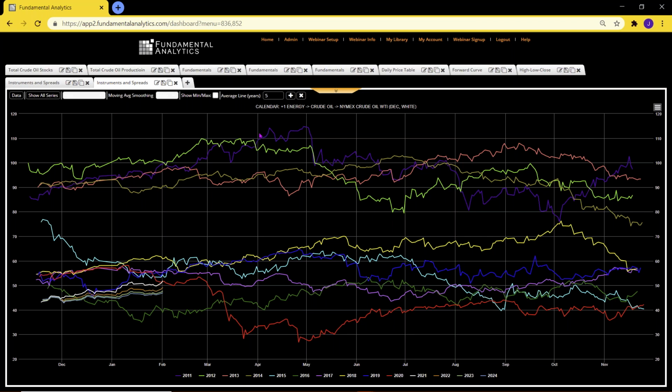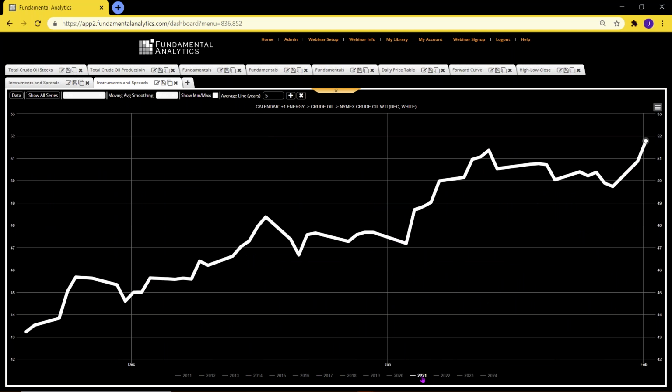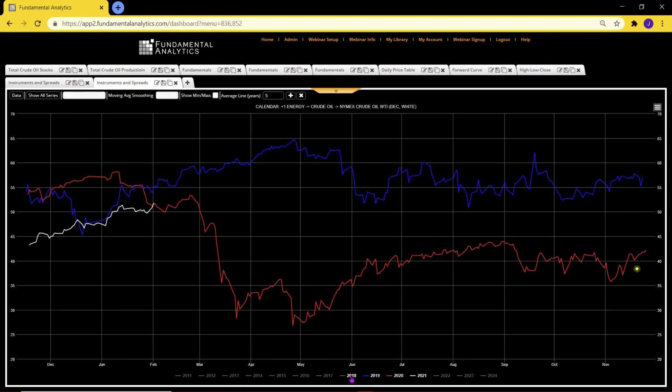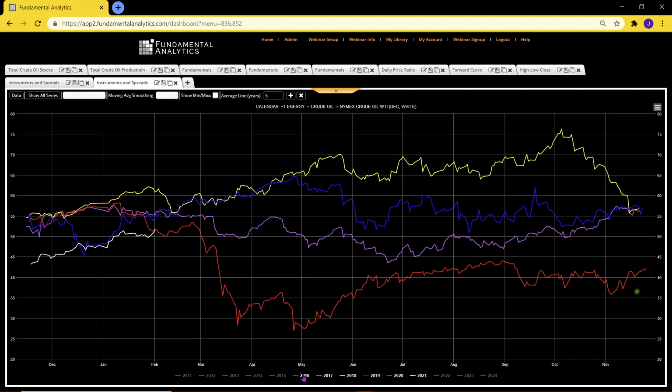There's your December contract with expiration around November 20th. Again, this is the front month, holding the control key, focusing on the 2021 contract, and then backing in with the others. We see where it is relative to other years and the price behavior of that.